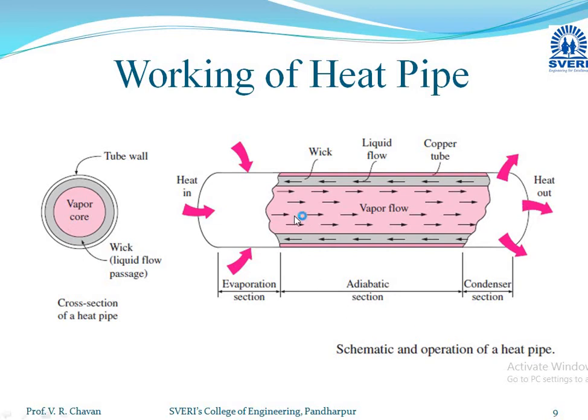Now in the middle, between the evaporative section and the condenser section, the vapor flows in this direction, whereas the liquid flows opposite to the vapor direction through the wick structure, and there is no heat transfer between the liquid and vapor in this adiabatic section.